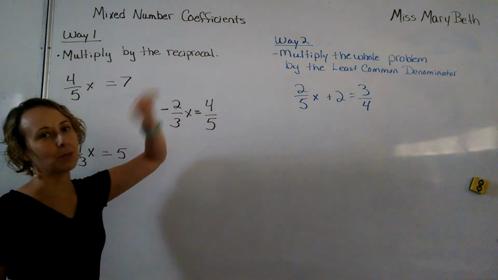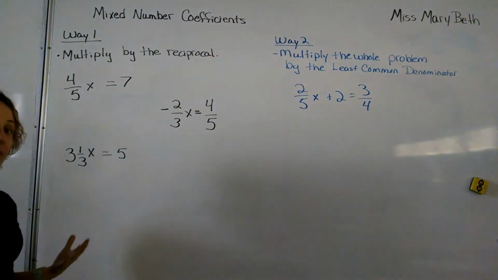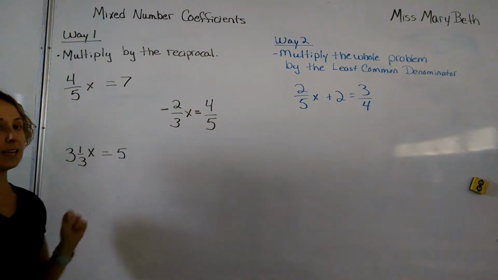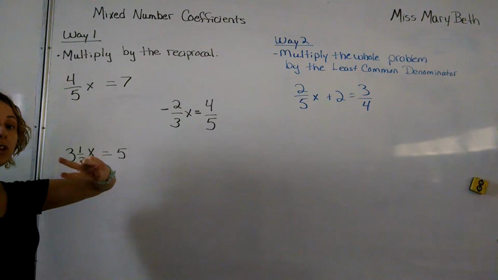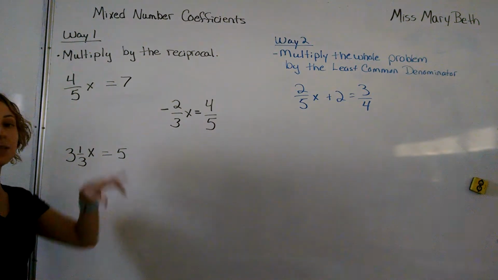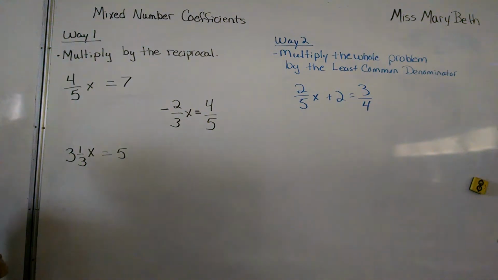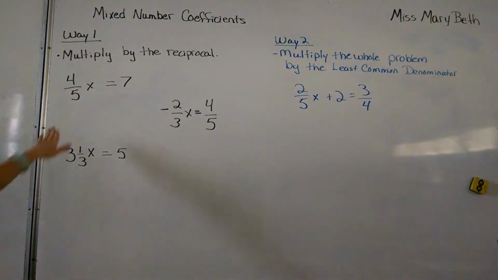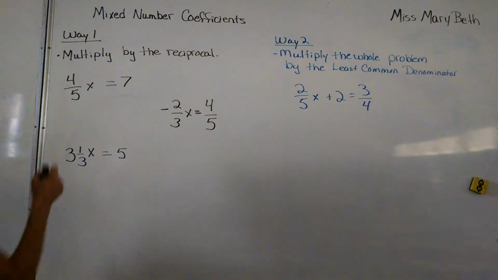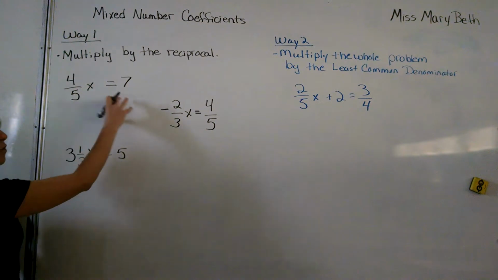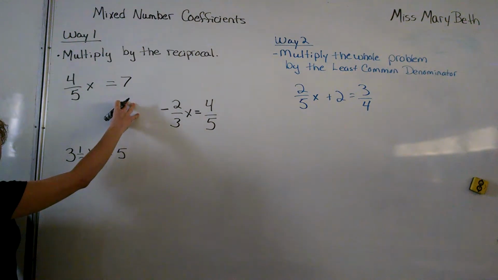Multiply by the reciprocal. Remember, the reciprocal of a fraction is the fraction that it multiplies by to equal 1. So the reciprocal of 2/3 is 3/2. The reciprocal of 1/2 would be 2/1. Let's try it here. I have 4/5 times x equals 7. I want to solve for x. Usually what I would do is divide by 4/5 on both sides.